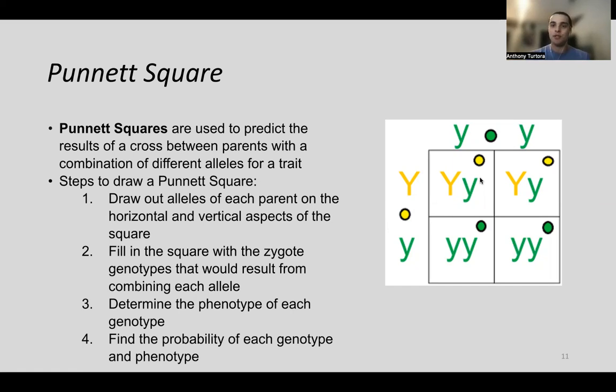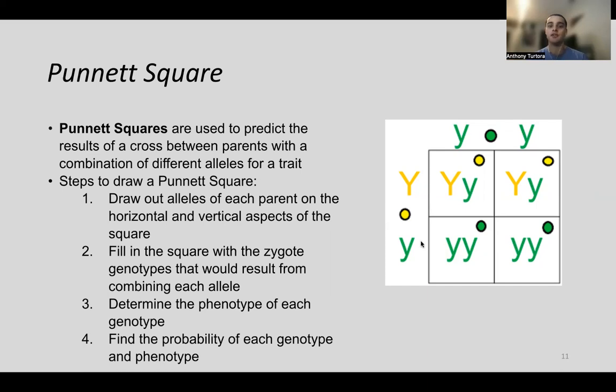For example, if uppercase Y is dominant and is yellow, and lowercase y is green and recessive, then when determining the phenotype of each genotype, the phenotype of the heterozygote is going to be yellow, and the phenotype of the lowercase y homozygous recessive is going to be green.